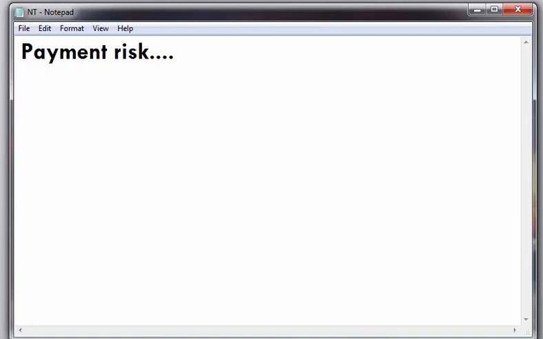So that is it. Under the payment, a lot of risks happen regarding payment. The first one is that foreign buyers refuse to pay on time. Let me put it that way, that's the only way you'll be able to understand.